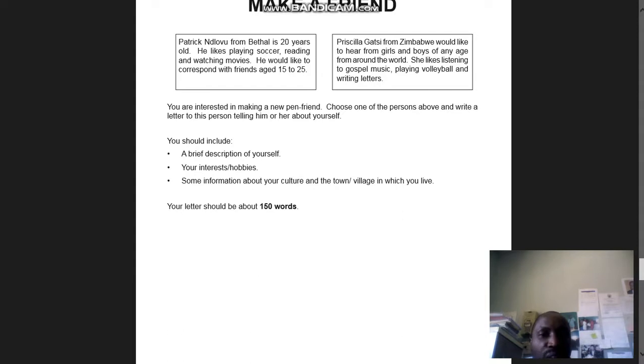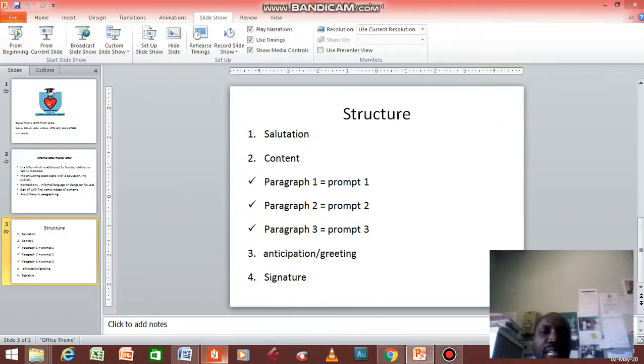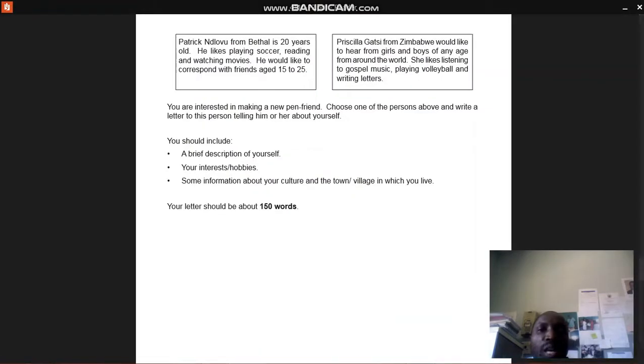And then after paragraph 3, that's where now you can skip a line and say hi to your friend, or say hi to Peter if you know Peter, or if in this case you want to make a pen friend. So you can either say, "I'm waiting to get your response," or "I hope this letter will get to you on time," something like that. So greeting, like I indicated here, in this case, at number 3, according to the structure, number 1 you have salutation, number 2 content, then at number 3 you can either have an anticipation or greeting, depending on how the question is stated.